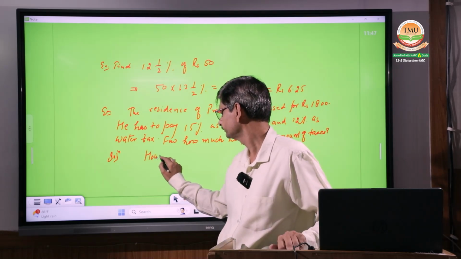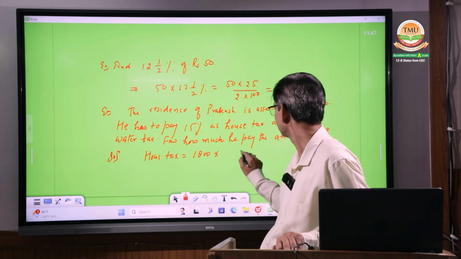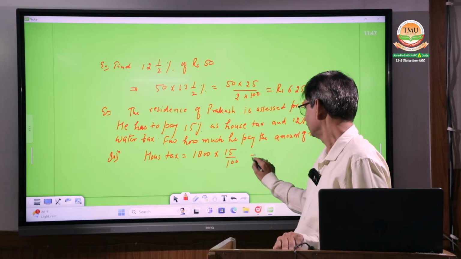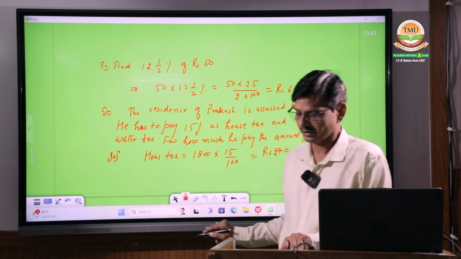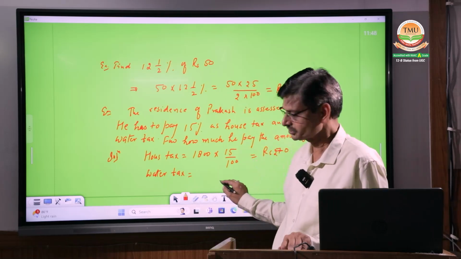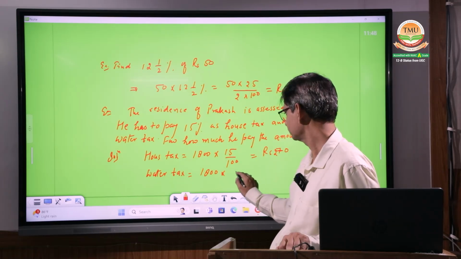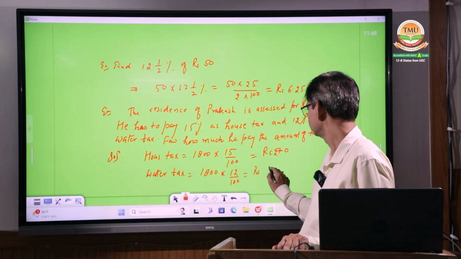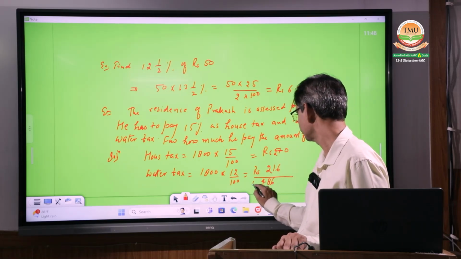House tax is 1800 total multiplied by 15%, that is 15 upon 100, that is rupees 270, and the water tax is 1800 into 12 upon 100, which will be rupees 216, and the total is 486 rupees.